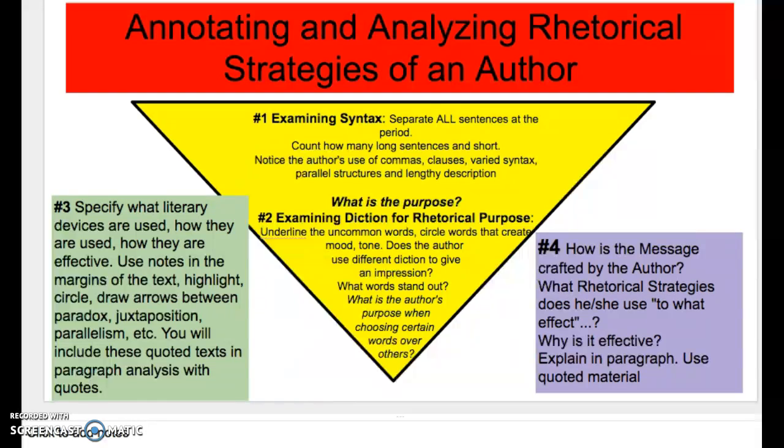I ask you to examine syntax and decide what particular structure the author has used. We don't expect you to break that down for the entire piece, but you should be looking at least at one rich paragraph or a couple to determine the primary syntax that the author is using.